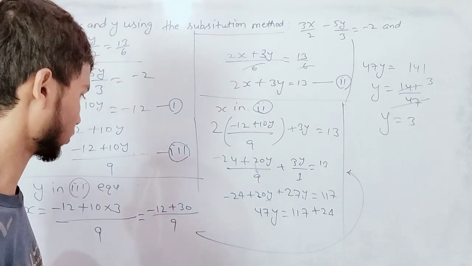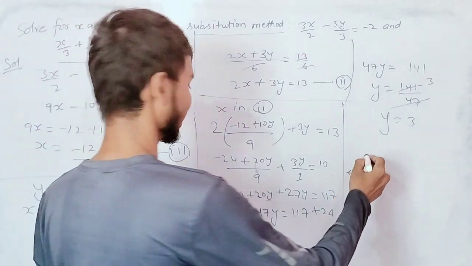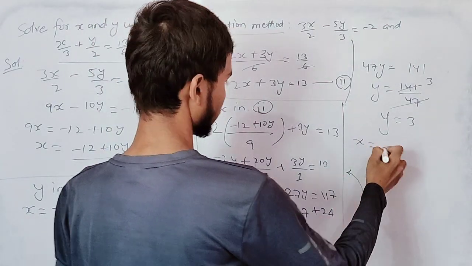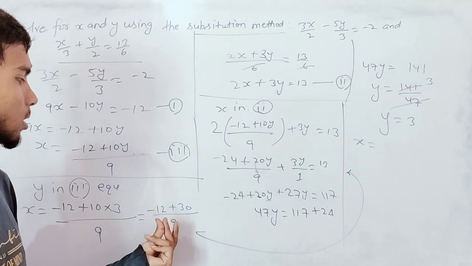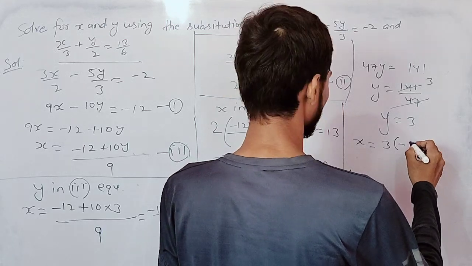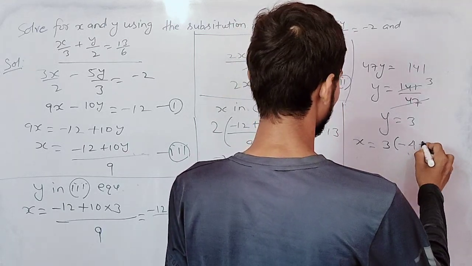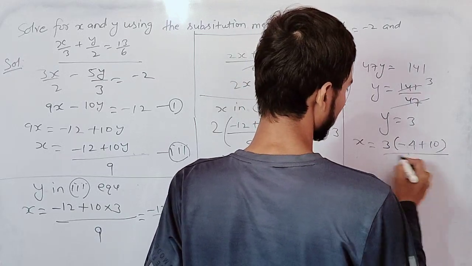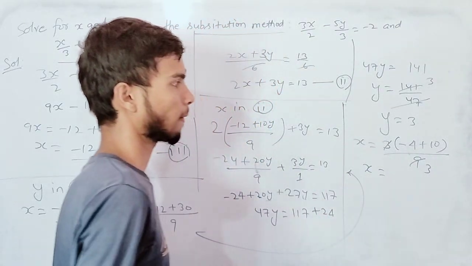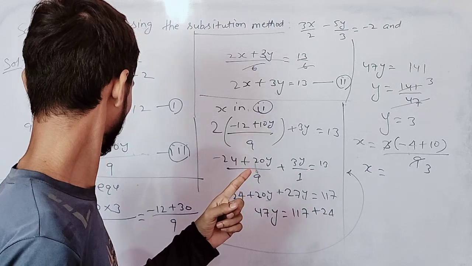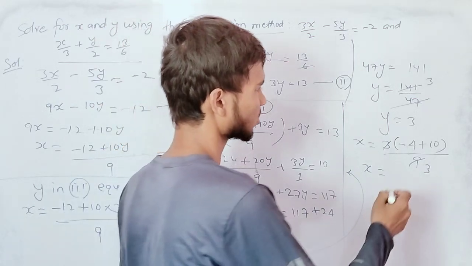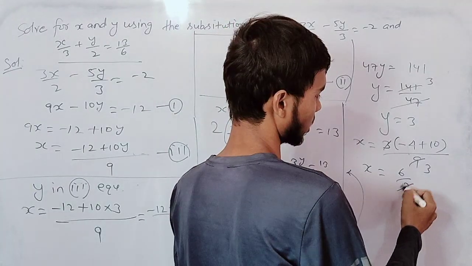So finally we have 18 upon 9, which is 2.